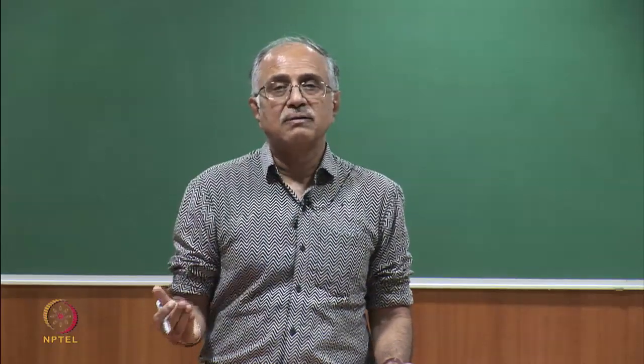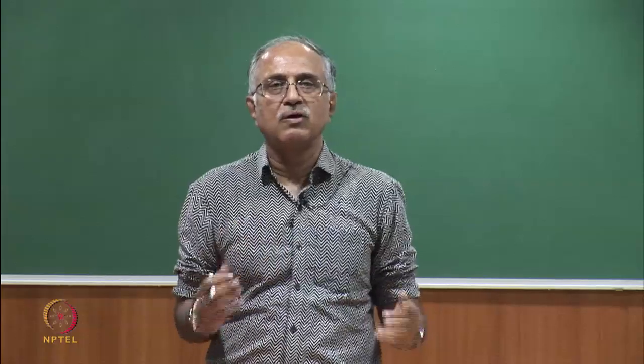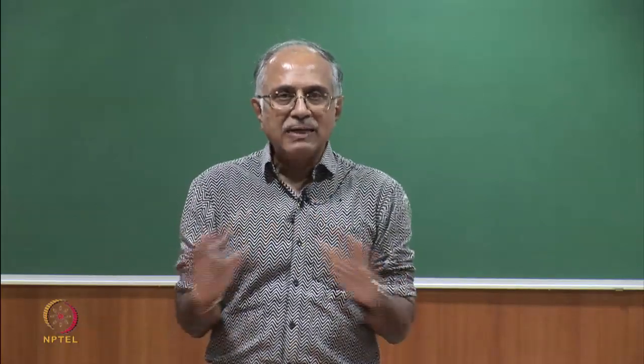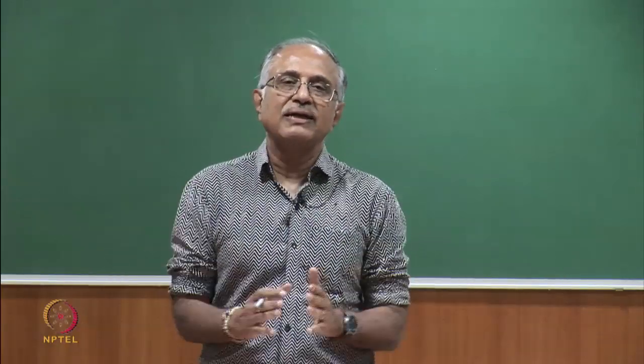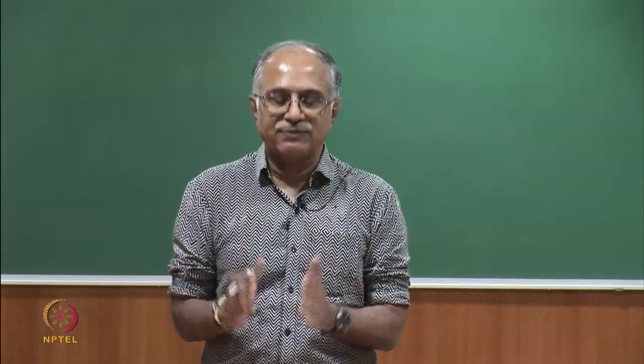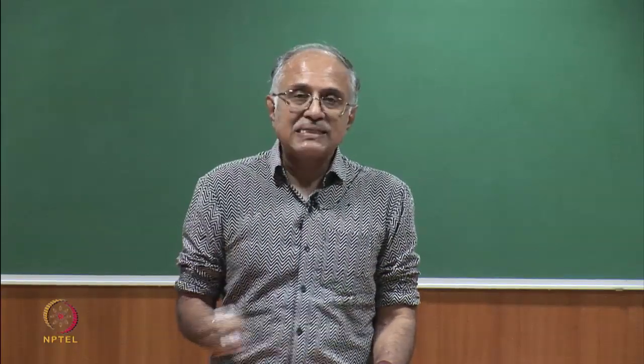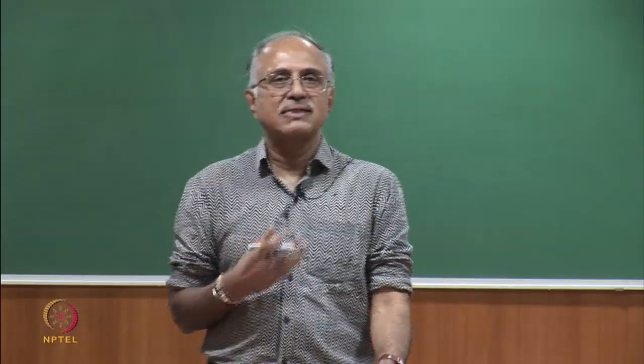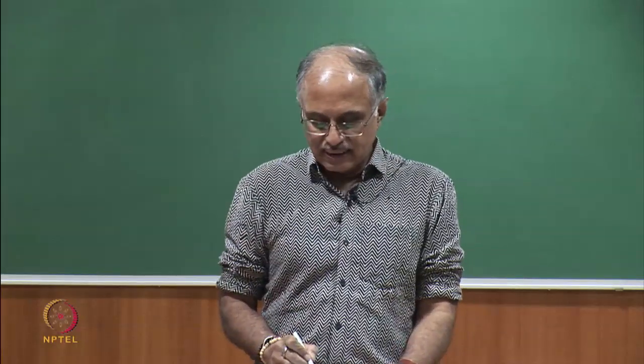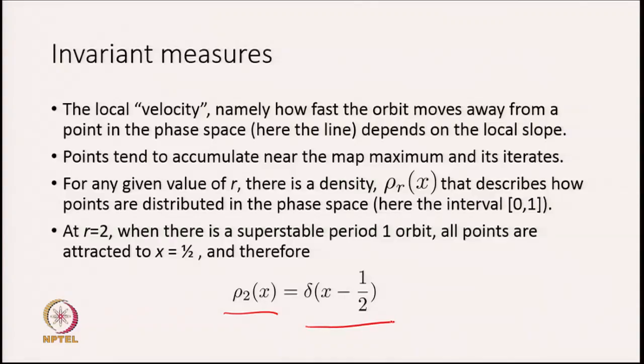The point 1 goes to 0, so that is also not attracted to a half, but barring these 2 points, everything else in the interval goes to the point half. Therefore, the density of points is actually just a delta function, and this density of points is just delta of x minus half. I put the subscript 2 to indicate the value of r over here. So, rho 2 of x is just a delta function of x minus a half.